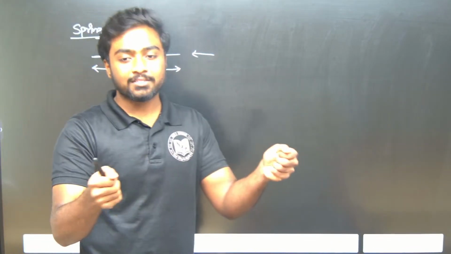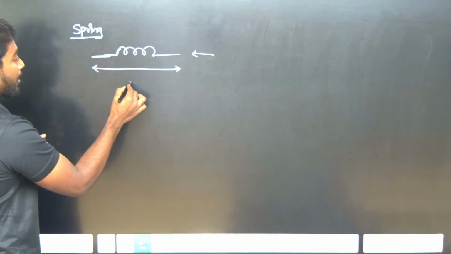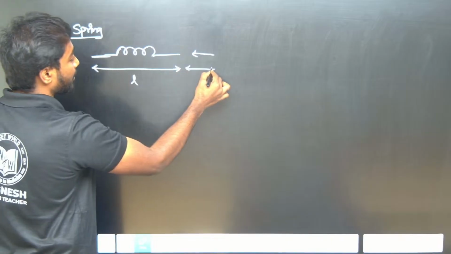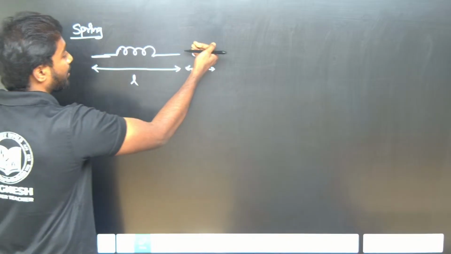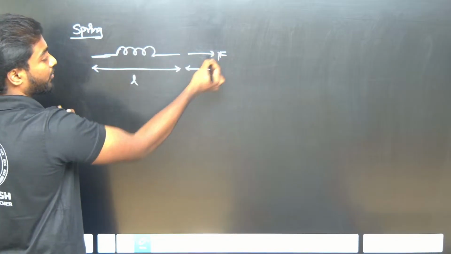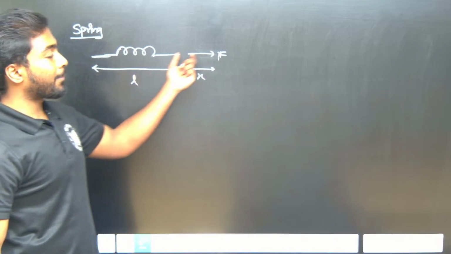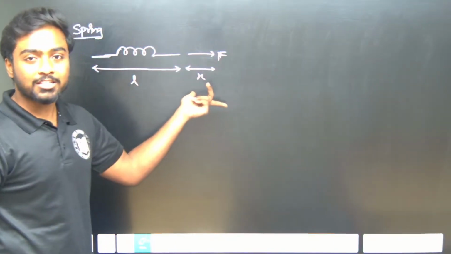Extension will take place. Let me take this as L, and the extension in either case, like I am pulling the spring by force F, is x. However much force I apply, that much extension will take place.